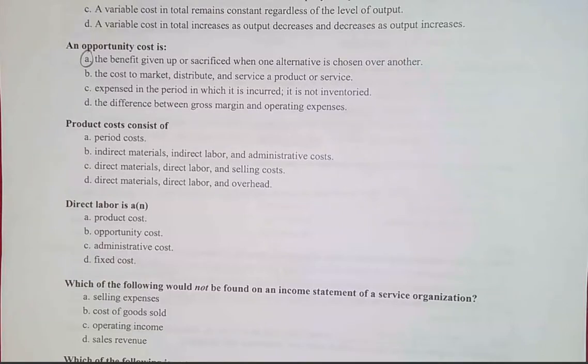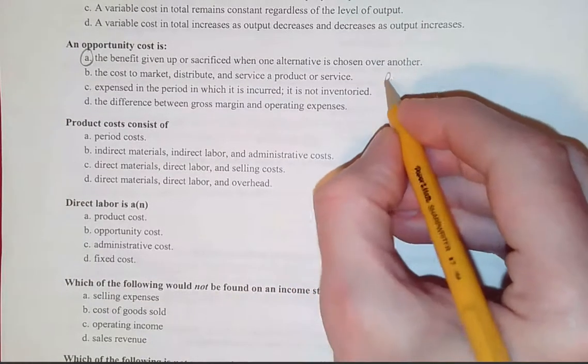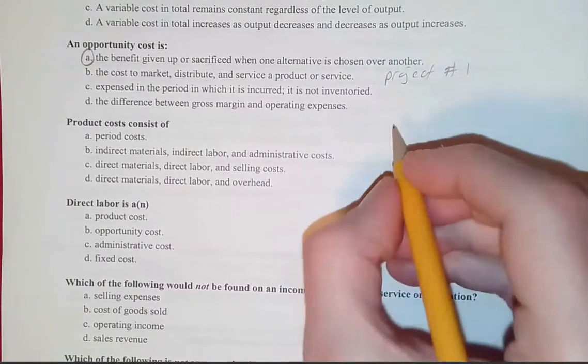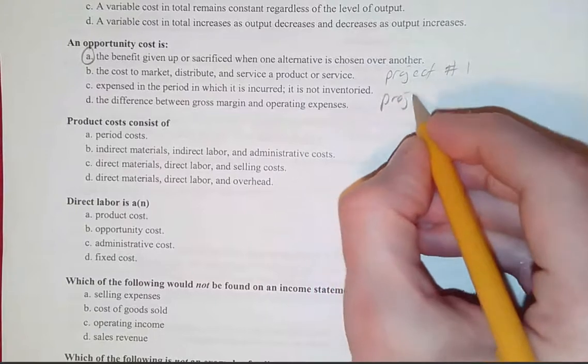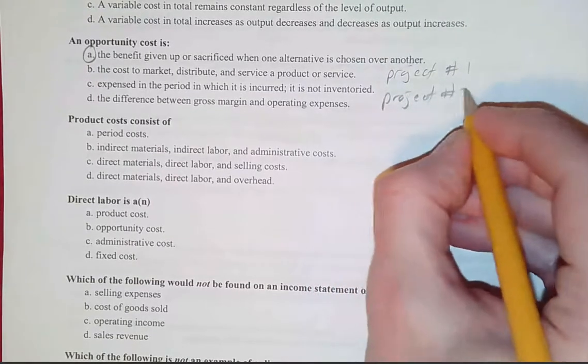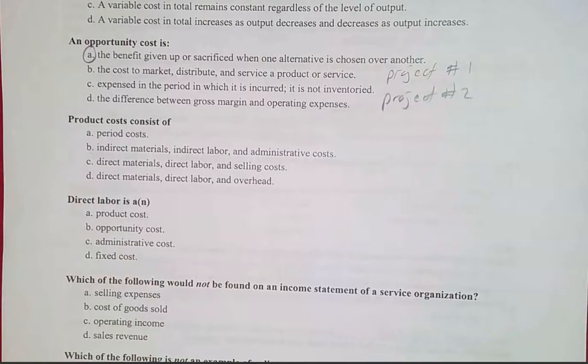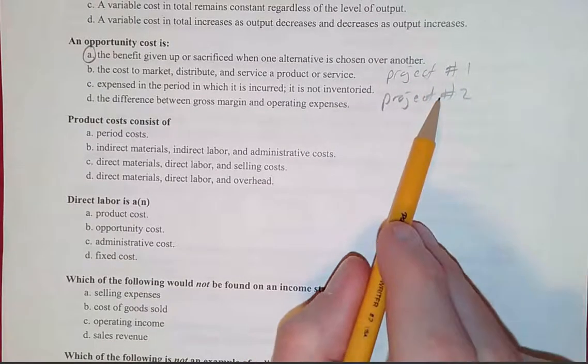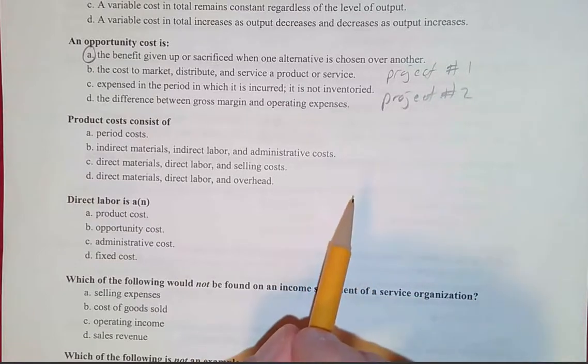In a business, we have generally finite resources, meaning if we have project number 1 and project number 2, well, we may have enough money to do either project 1 or project 2, but not both.